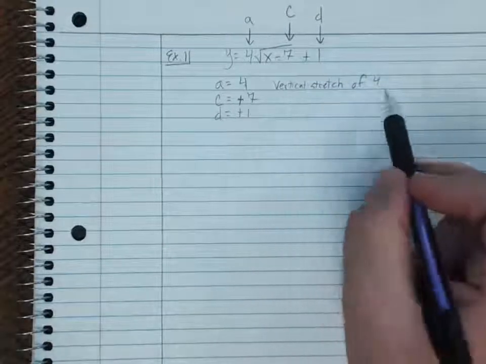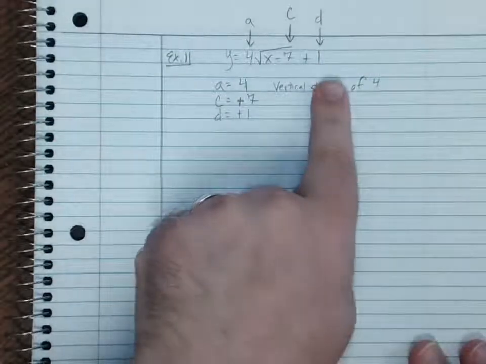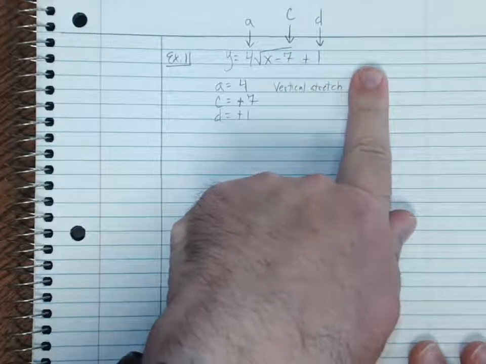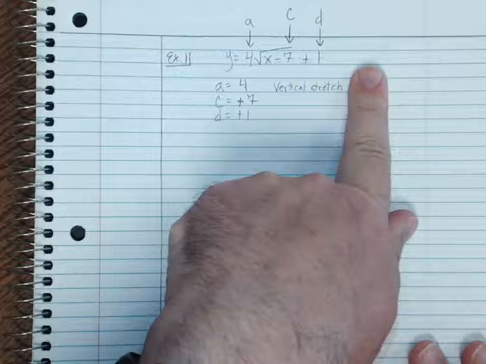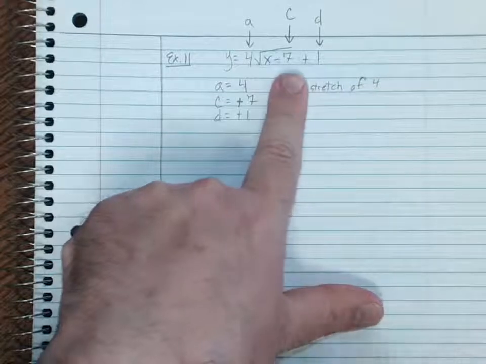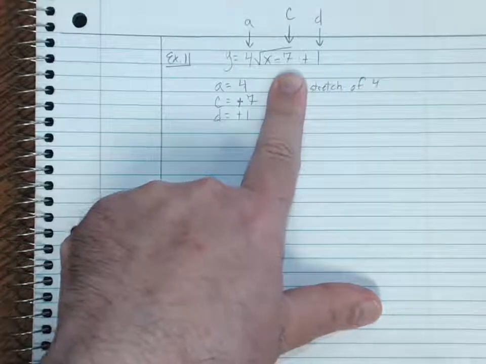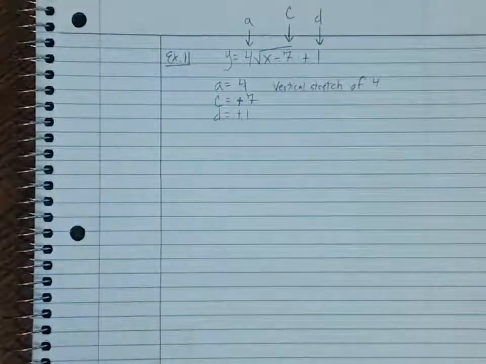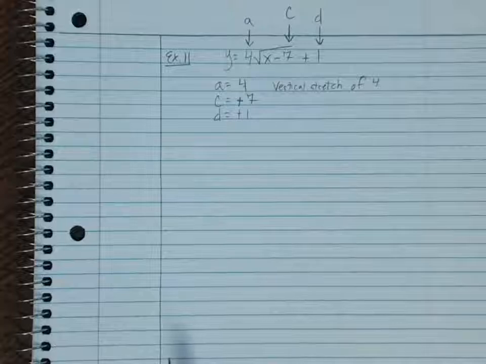And I need all of those words. You can't just tell me it's a vertical of 4. That doesn't even make sense. You can't just tell me it's a vertical stretch because I need to know by how much. And you can't just tell me it's a stretch of 4 because I need to know, am I stretching vertically or horizontally? I need all of these pieces.